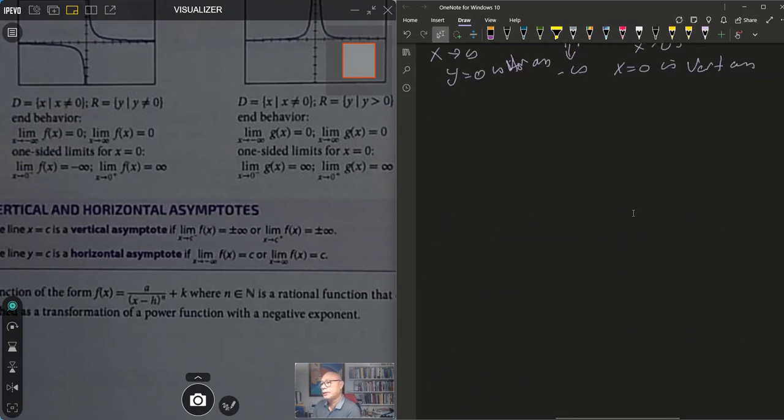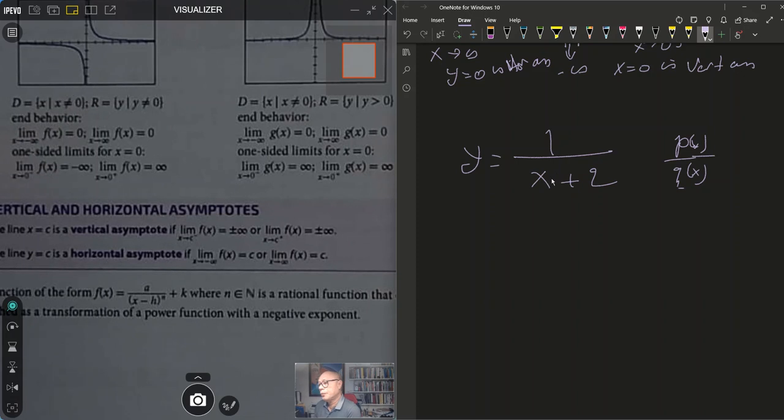Okay, another example. For example, I have y equal 1 over x plus 2. We know that for every rational function, the denominator here cannot be 0, right?